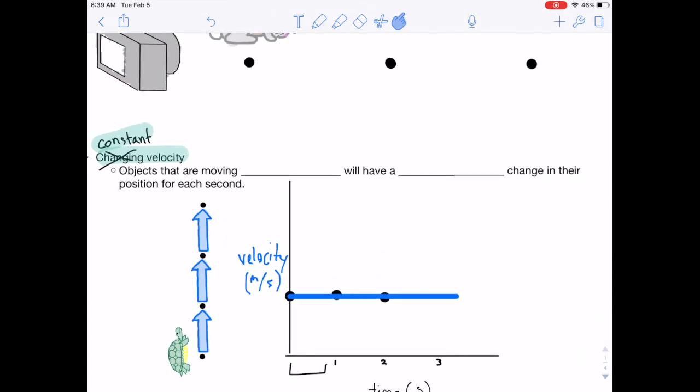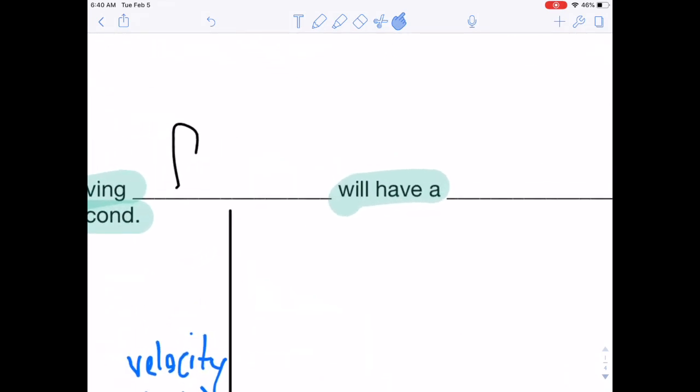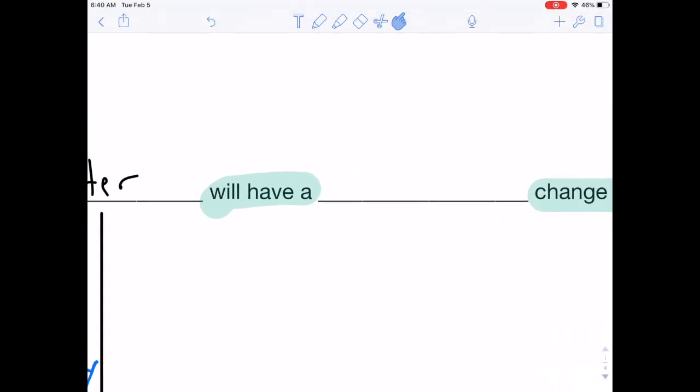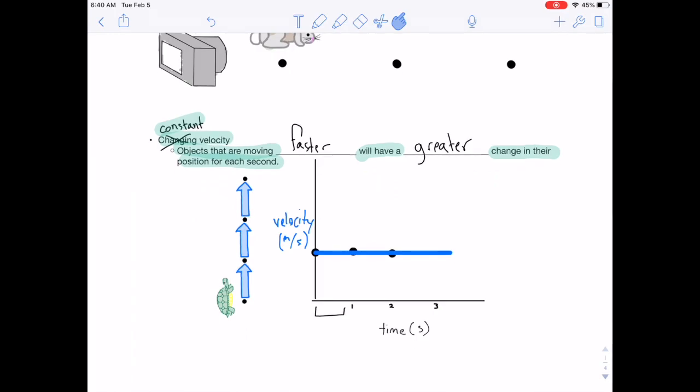And we always know that objects that are moving faster will have a greater change in their position for each second.